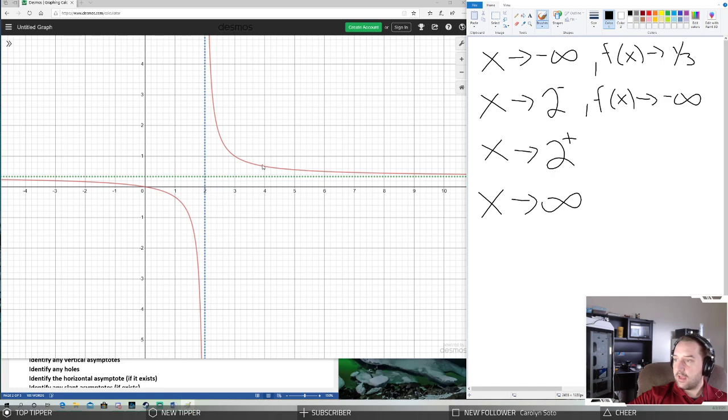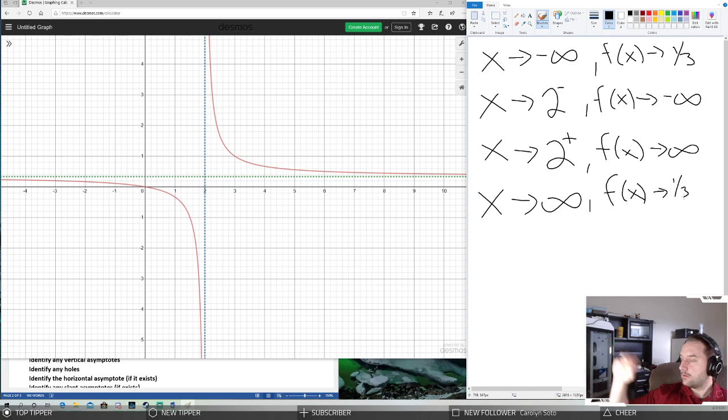And then as x goes to 2 from the positive side, my y is going to go to positive infinity. And then as x goes to infinity here, it's going to approach my y value of 1/3. Comments or questions on that one?